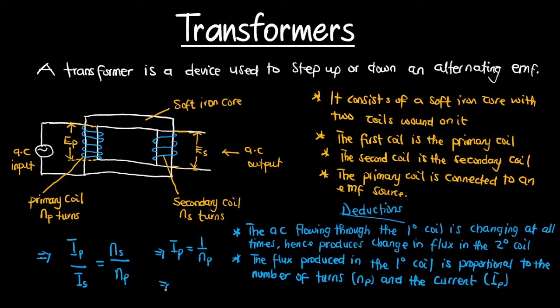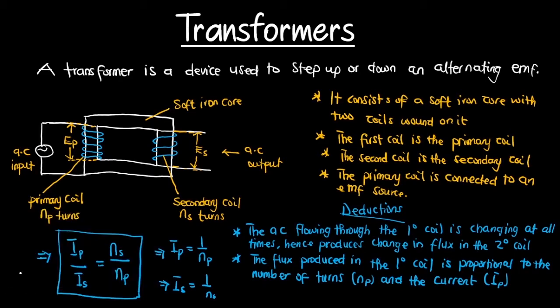And then the same thing, the amount of current flowing through the secondary coil is also inversely proportional to the number of turns on the secondary coil. Okay, so this is the relationship. So if you divide this by this, you are going to get this expression. So this is a very, very important expression that we'll be using in our calculation. So we need to hold this expression very, very deep.